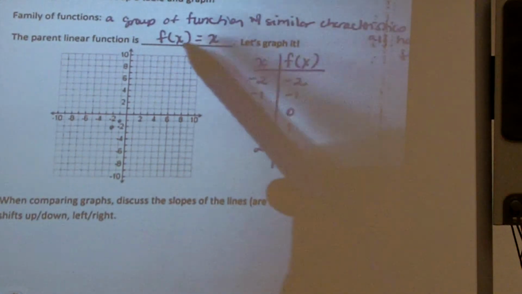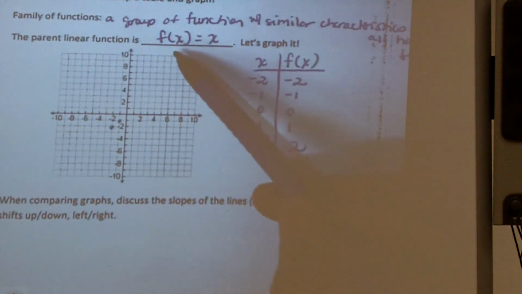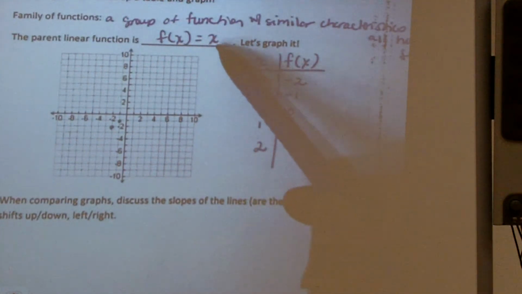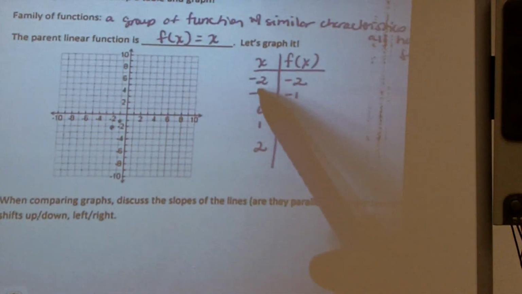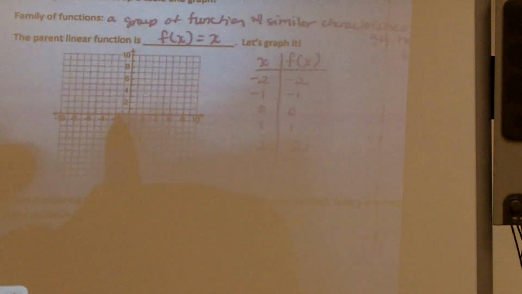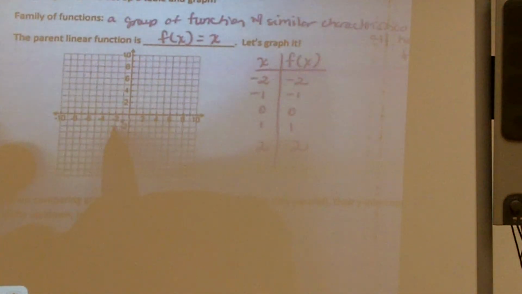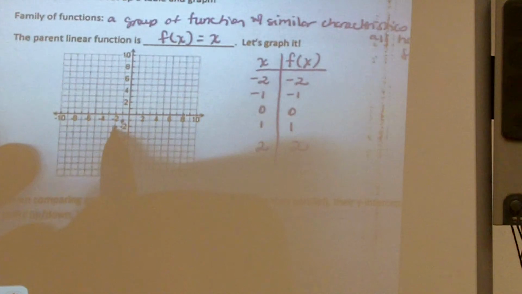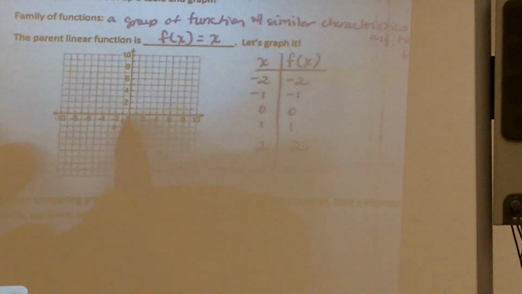Since my parent function is f of x equals x, whatever my x is, that's what my f of x will be. So if x is negative 2, f of x is negative 2. I already started. I don't know if y'all can see that. If x is negative 1, then my f of x is negative 1.